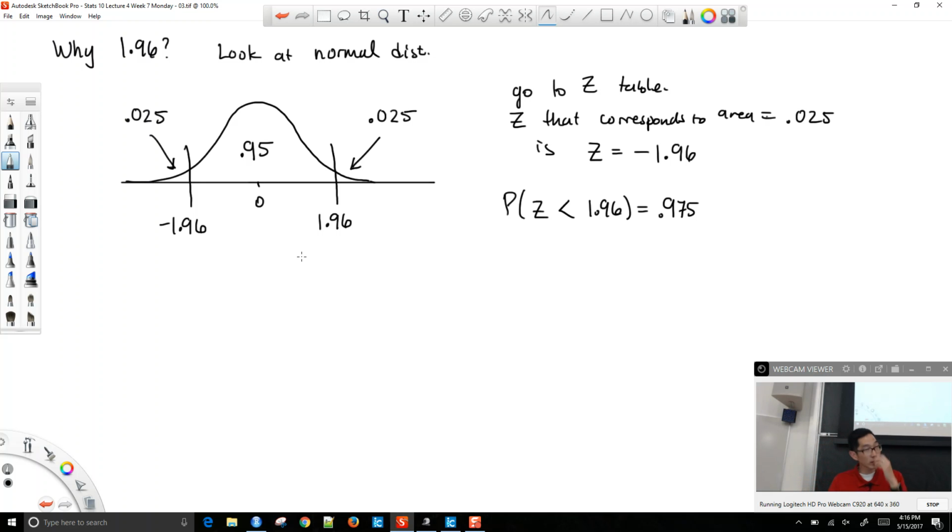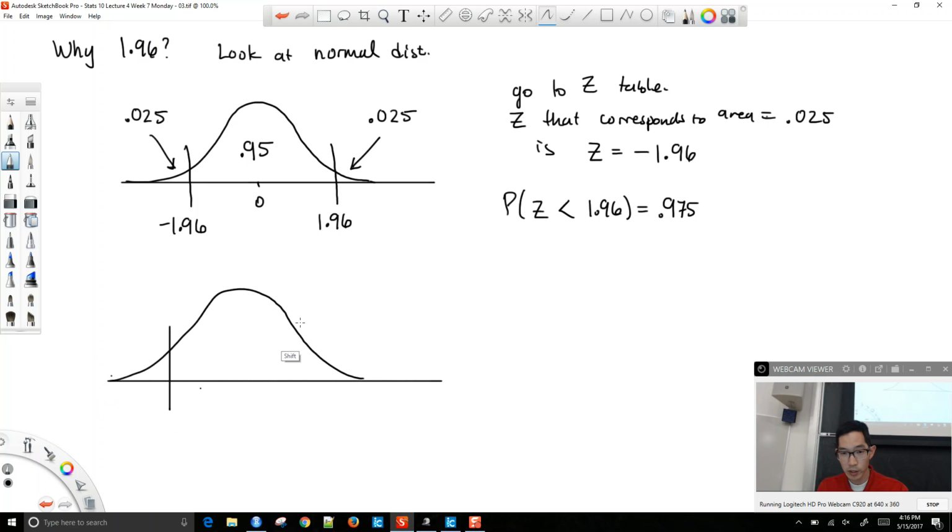Okay, so I'm going to give you a clicker question here. And the clicker question is, let's say I want this 80% in the middle. And the question is, what is the z that I'm going to use?